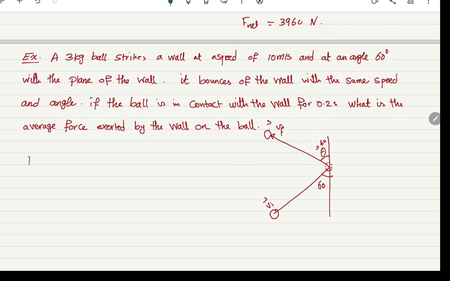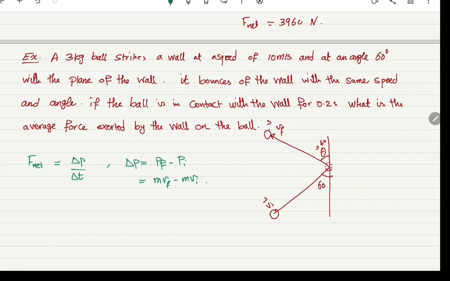Now F net equals delta P over delta T, and delta P equals P final minus P initial, which equals M V final minus M V initial.